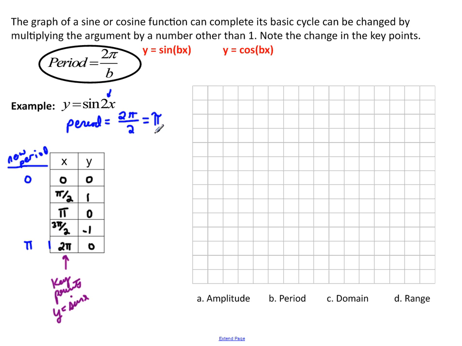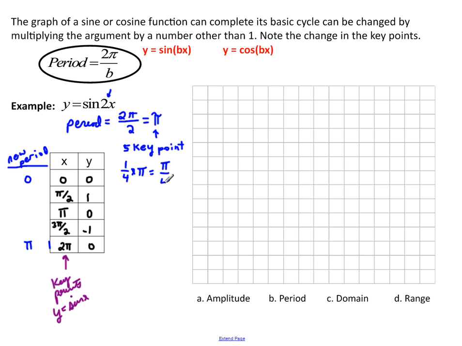So what we're going to do is divide up the period into 4 parts, or 5 key points, starting at 0. I don't know why my pen doesn't like cooperating with me some days. So the 5 key points that we have to deal with all the time are going to be 1/4 times the period apart, 1/4 times pi, or pi over 4 apart.